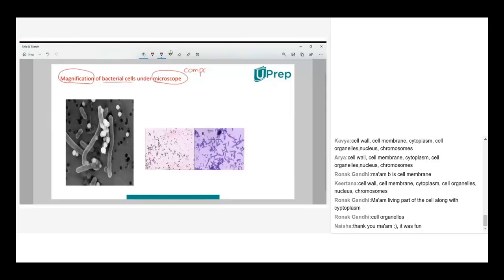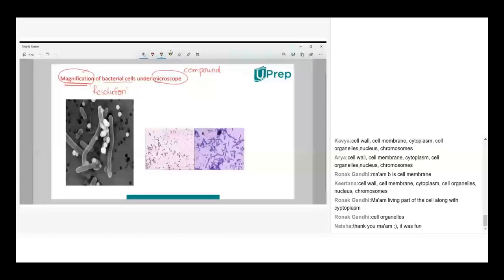You have electron microscopes also, but in a school lab we use a simple microscope or compound microscope, based on the category of school, CBSE or state syllabus. Magnification is something related to resolution. How much in detail you will observe anything under a microscope is magnification.